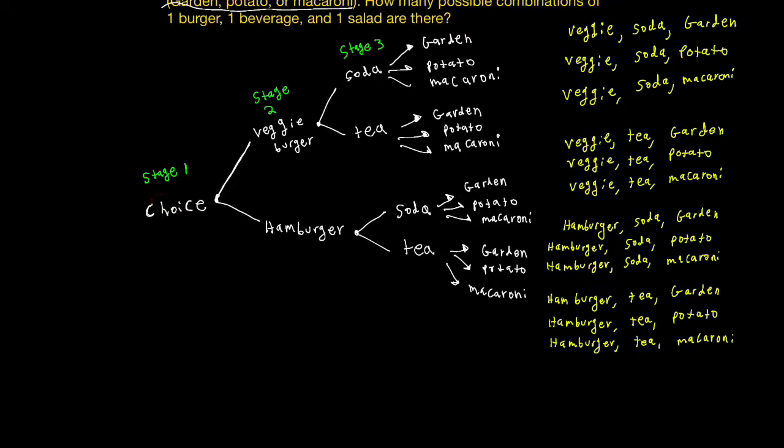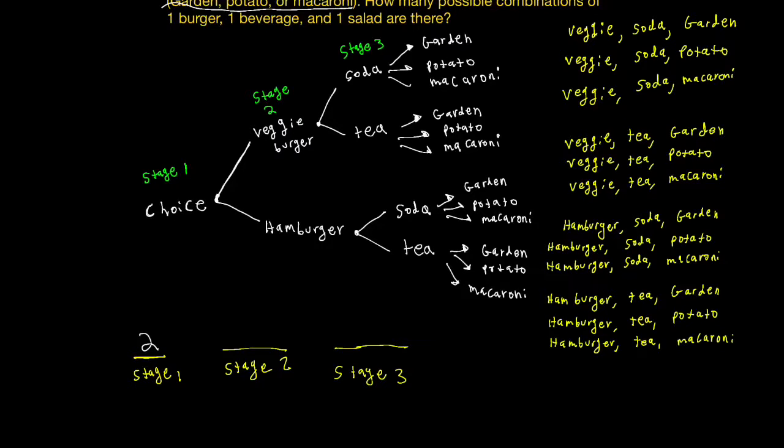So I'm going to use some placeholders. And each placeholder is going to represent one stage. So if we look at stage 1, each item in stage 1, well, there's only one because that's your choice, but each item has two choices here. So I'm going to write a 2 right here for two choices.